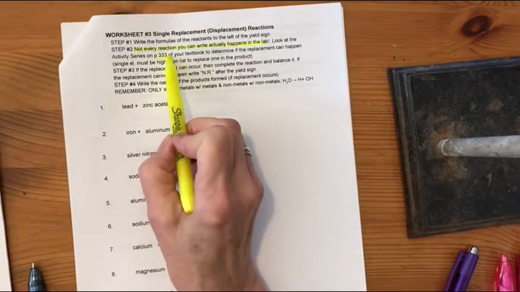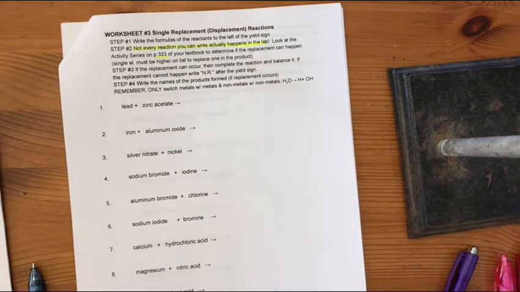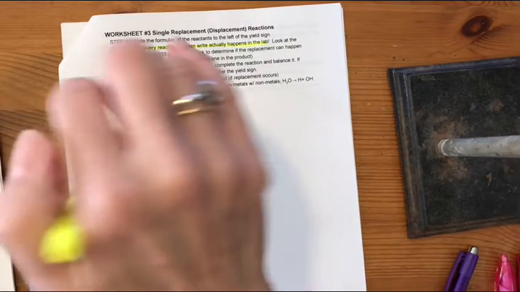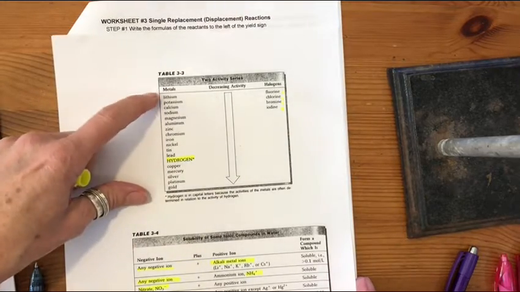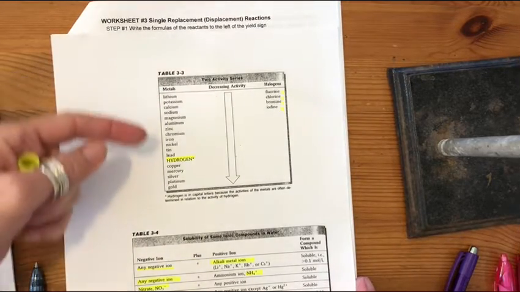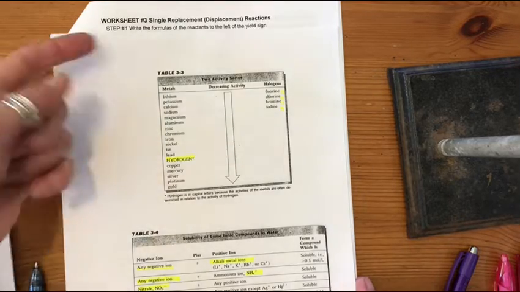Either look at your book, if you have your book, page 333, or use the, oops, it's over here. Use the activity series to determine if that free element is higher than the one that's in the compound already. If it's able to knock it out.